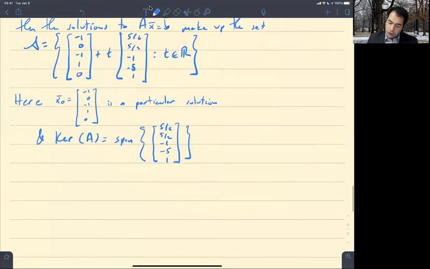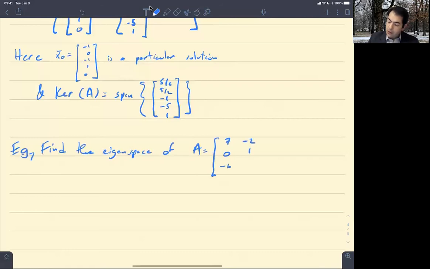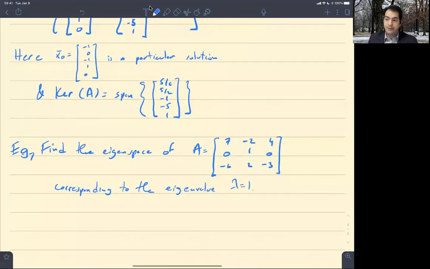Okay, let's do one more example. Let's say we want to find the eigenspace of the matrix A. So let's do a 3 by 3. 7, 0, minus 6, minus 2, 1, 2, 4, 0, minus 3. Corresponding to the eigenvalue lambda equal to 1.